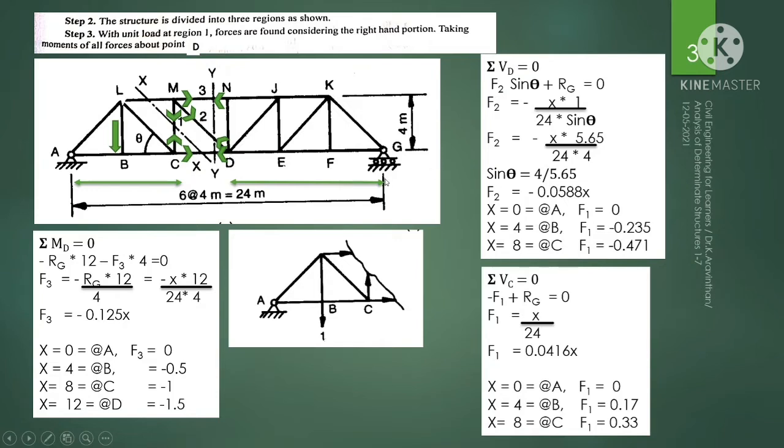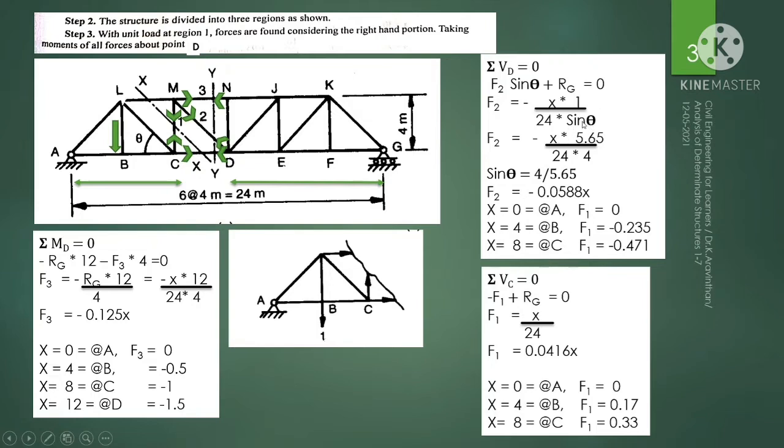You have Rg here, which is upward, so plus Rg. If you resolve F2 into sin theta, F2 sin theta, both are upward. If you want F2, you can take it outside, so F2 will become minus Rg divided by sin theta.